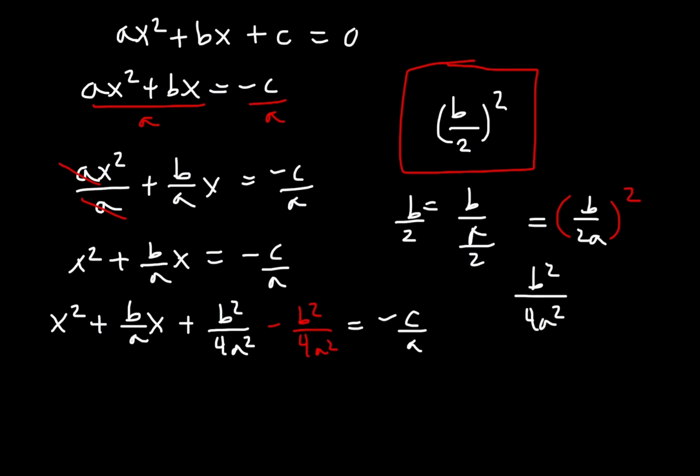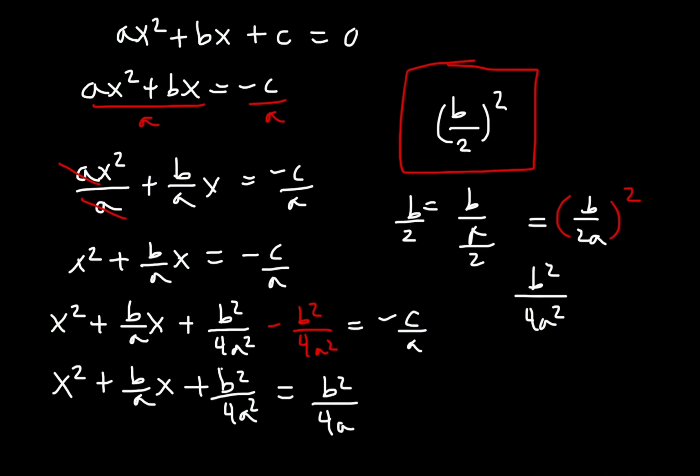Now what I'm going to do is I'll move this to the other side. So now we have x squared plus b over a times x plus b squared over 4a squared, which equals b squared over 4a squared minus c over a. This became positive because we took it to the other side.